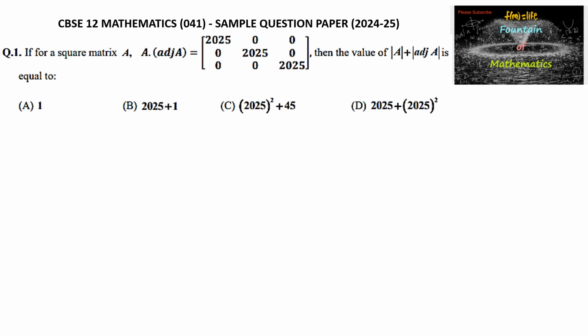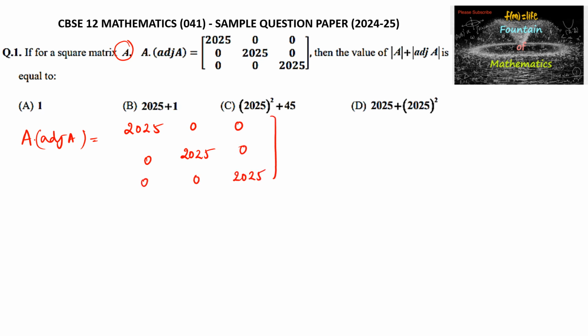If for a square matrix A, given that A into adjoint of A is a 3 by 3 matrix with entries 2025, 0, 0; 0, 2025, 0; and 0, 0, 2025.